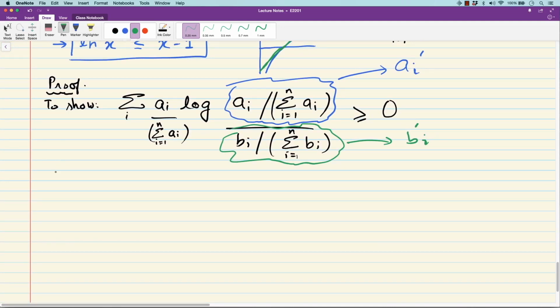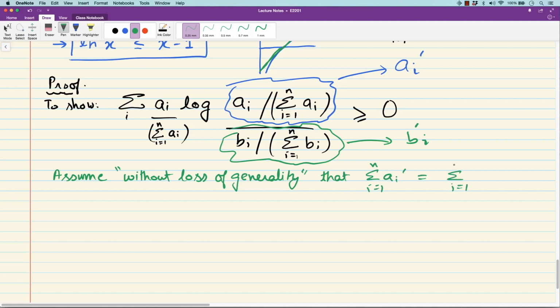We'll now assume, without loss of generality, which is a phrase used quite often in mathematics, which means that if we show it under this assumption, it implies the general result. So assume without loss of generality that the sum of a_i prime and the sum of b_i prime both equal 1.